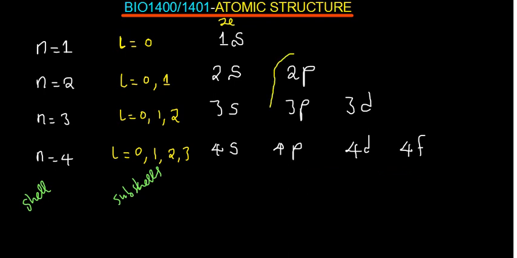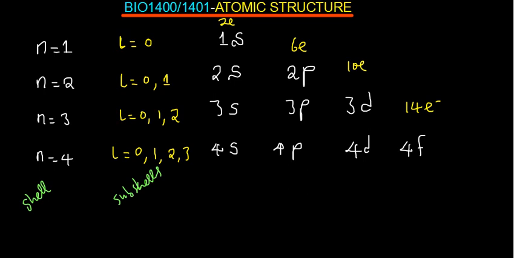The p orbital, it doesn't matter whether it is 2p, 3p, 4p, can only have 6 electrons. The d orbital, whether it is 3d, 4d, 5d, can only have 10 electrons. The f orbital can only have 14 electrons. Please, this one I want you to know. And I'm going to show you how you get those.